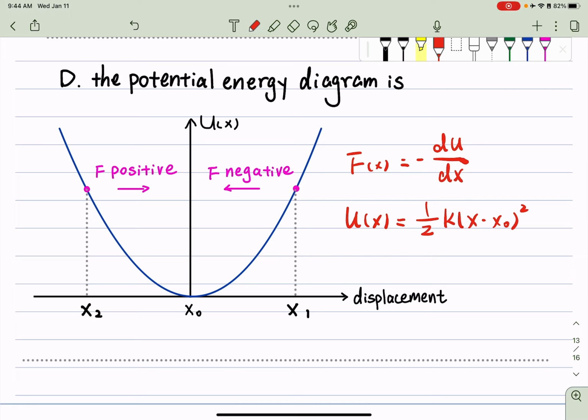Again, we have the direction of the force, and we have the potential energy surface here. The point I'm trying to make is that if you look at this potential energy diagram, I'm not going to ask you to derive it, but the bottom line is this is a continuous diagram.